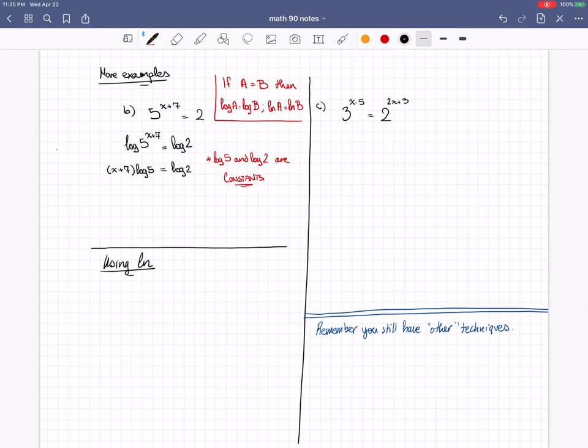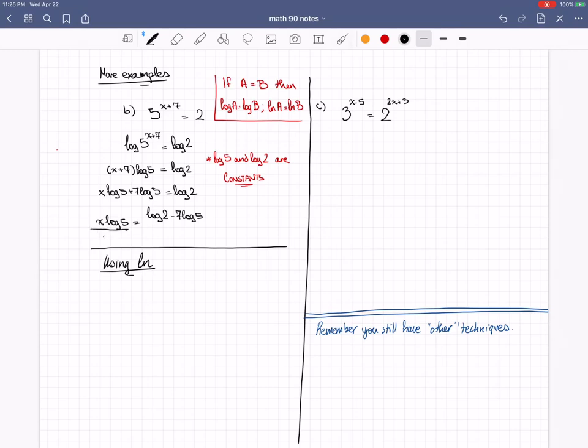So the first thing we're going to do is distribute the log 5 through. There we are. And then we want to get x by itself. So we're going to subtract 7 log 5 from both sides.